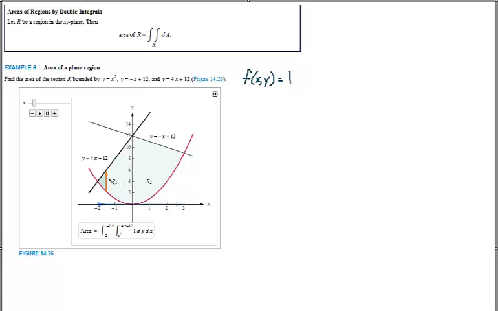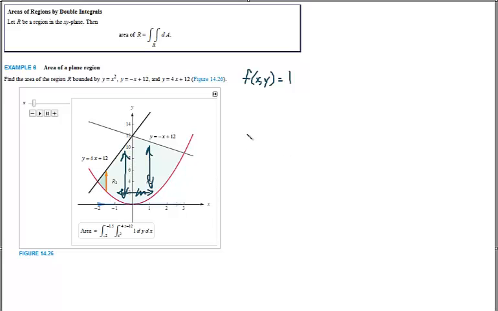Notice if I try to integrate with respect to x first, I've got an issue when it comes right this way because I have the same function top and bottom. I guess I could, I can't really double things. So what we're going to do is we're going to integrate with respect to y, and we are going to break it into two separate double integrals.